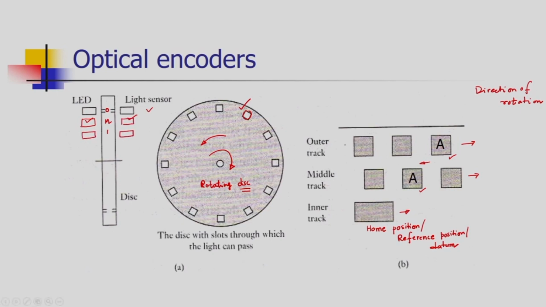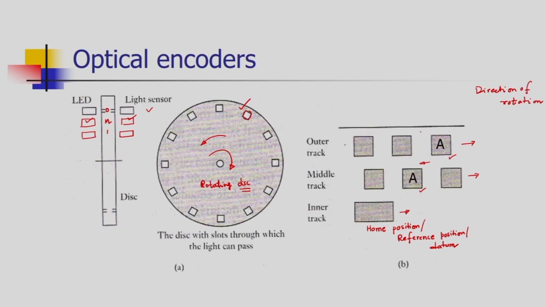These sets of LED and light sensors are arranged in line, so there is no offset. If for this hole A one set of LED light and sensor is fixed, then for the middle track, in the same line, there will be another set of LED and light sensor. For the inner track again one more set, but we do not have any offset here.